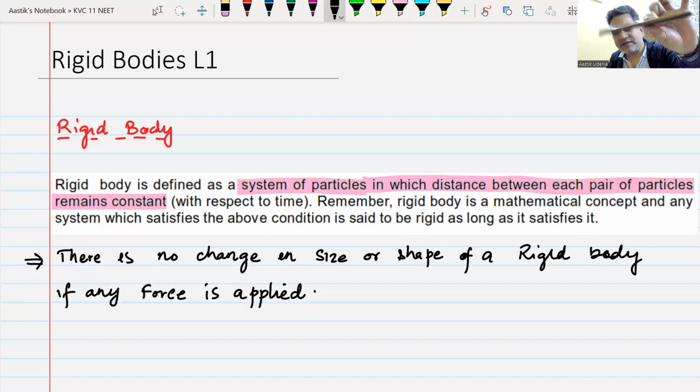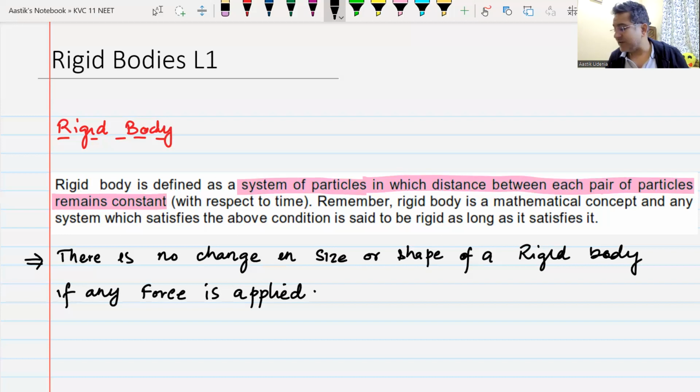But trust me, when I've applied force, some changes have taken place at the molecular level which we are not able to see. Some molecules may have shifted here and there very slightly. It does not look so to the naked eye, but no matter how small or how big my force is, it has caused some change in its size and shape. We may not be able to see it.